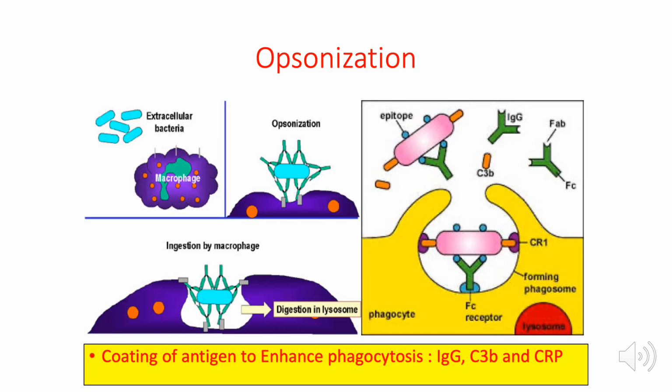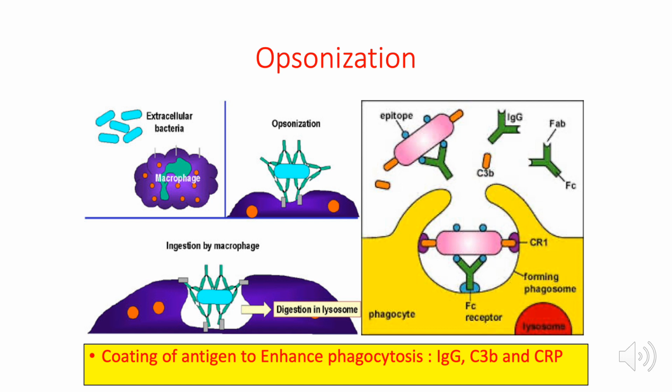The process of coating antigens with chemicals that enhance the process of phagocytosis is called opsonization. And there are 3 possible substances that can facilitate opsonization. So I want you to memorize them by heart.